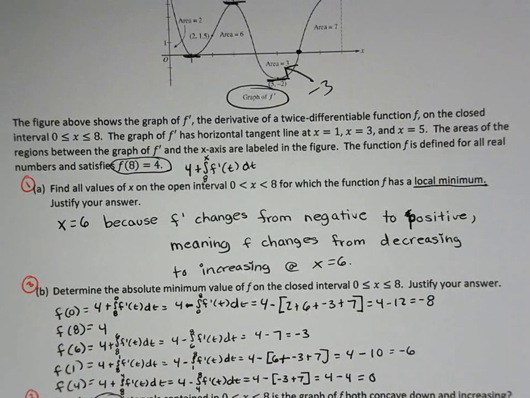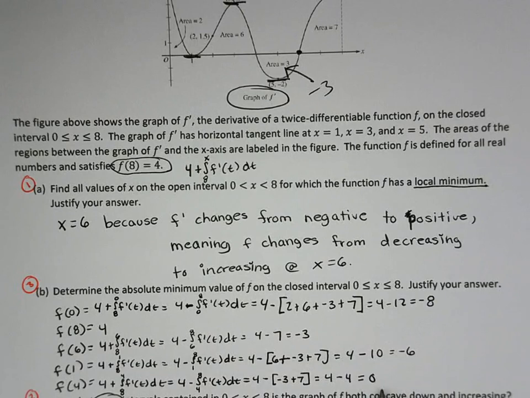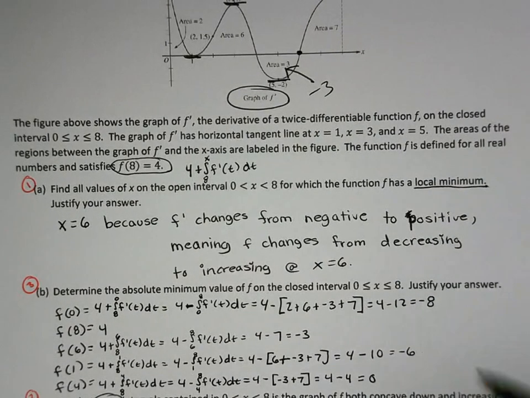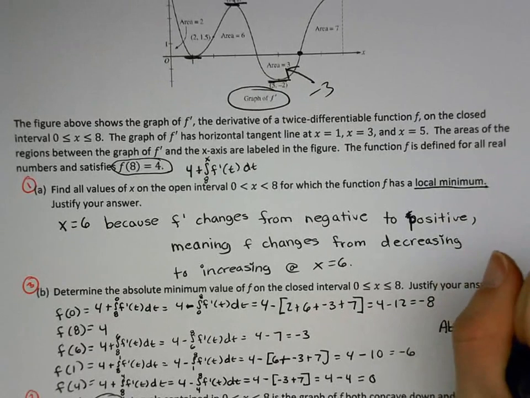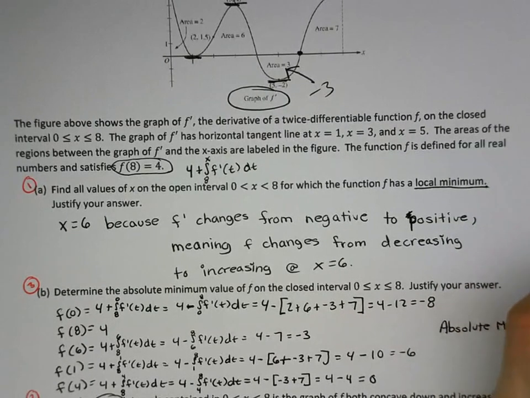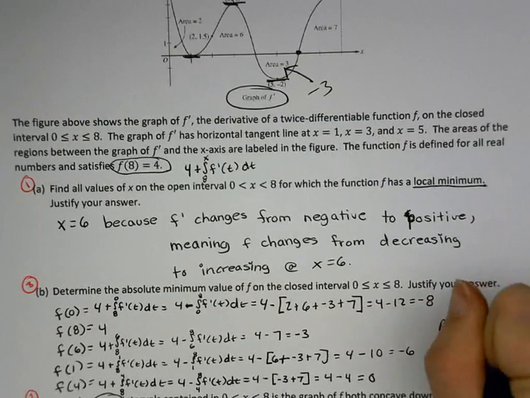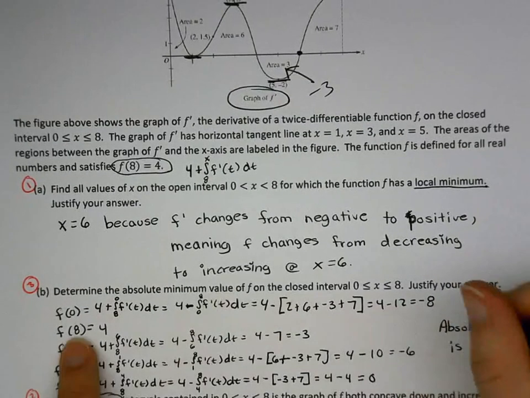Okay, and so we're trying to find which one of these is my absolute minimum. Well, negative 8, 4, negative 3, negative 6, 0, which one of those is smallest? And in this case, my smallest one is the negative 8. So absolute minimum is at f of 0.